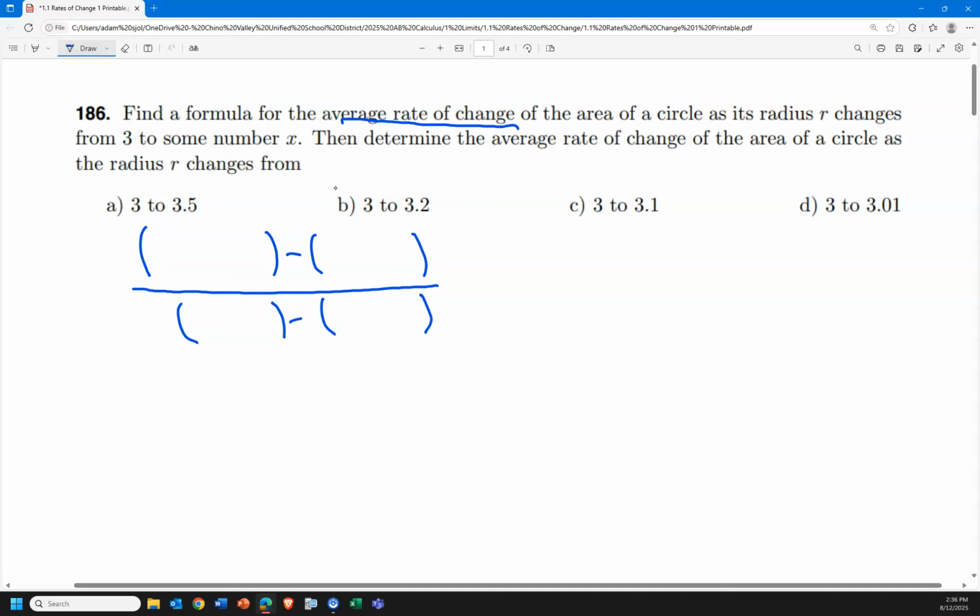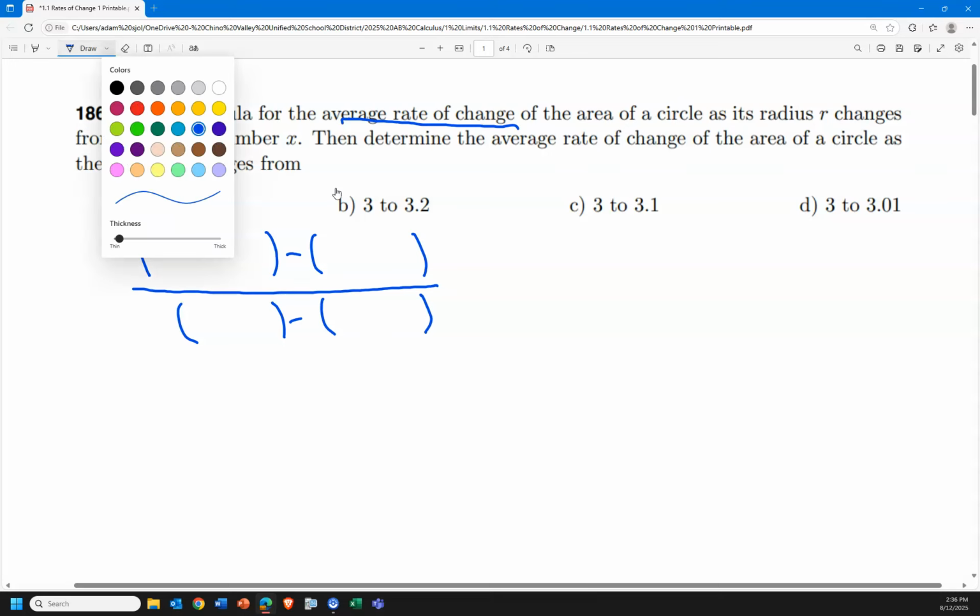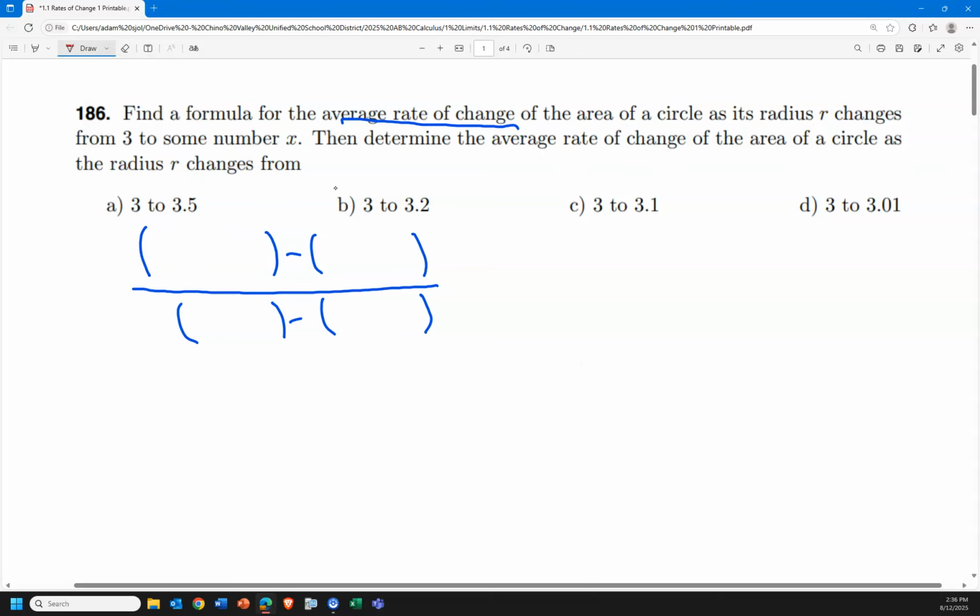The next thing to focus on is that this tells me it's the average rate of change of the area of a circle. Area of a circle is pi times the radius squared, and when we say average rate of change of, whatever follows is the function that's going to be the output variable.